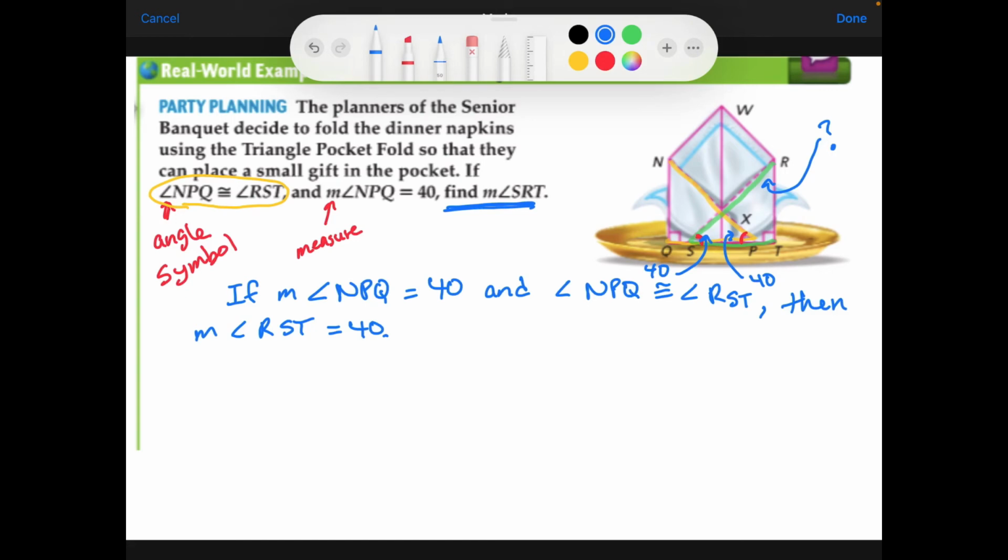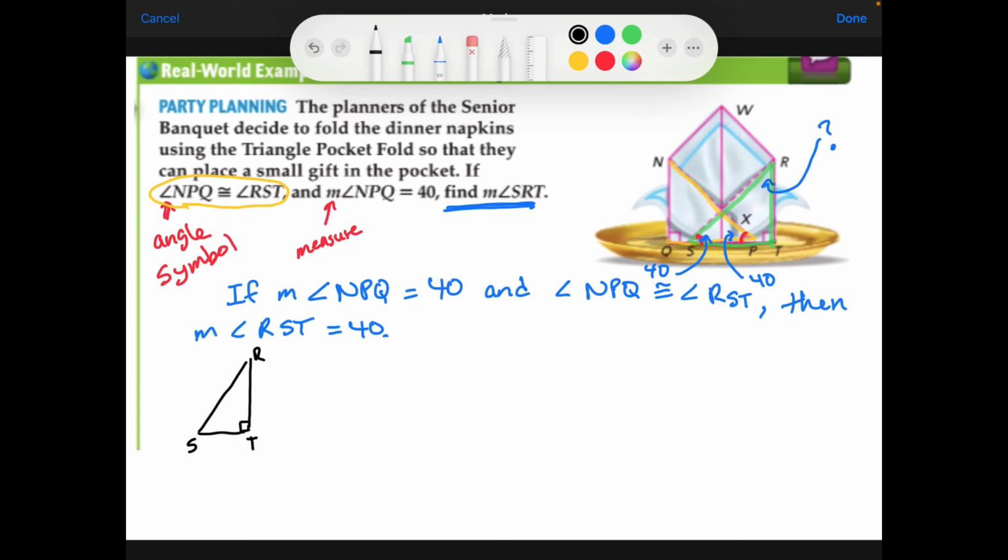All right, so now if I take out this green triangle, I'm going to just highlight this green triangle and draw it over here. So now I've got triangle RST.